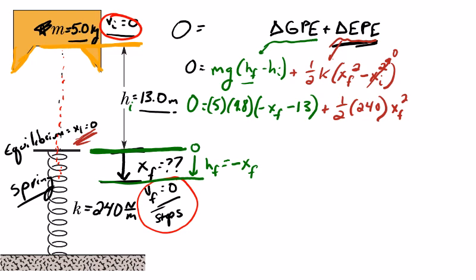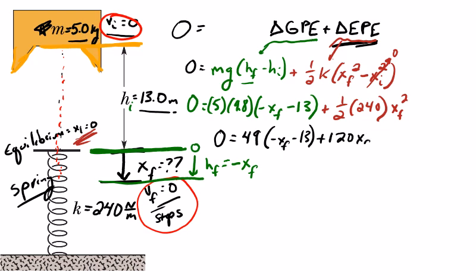Now, if I notice, I can simplify a few things here. Let's go ahead and I'm just going to switch over and do all this in black. So I've got 0. 5 times 9.8 is actually going to be 49. And then I have it times negative XF minus 13. And then plus half of 240 is 120.